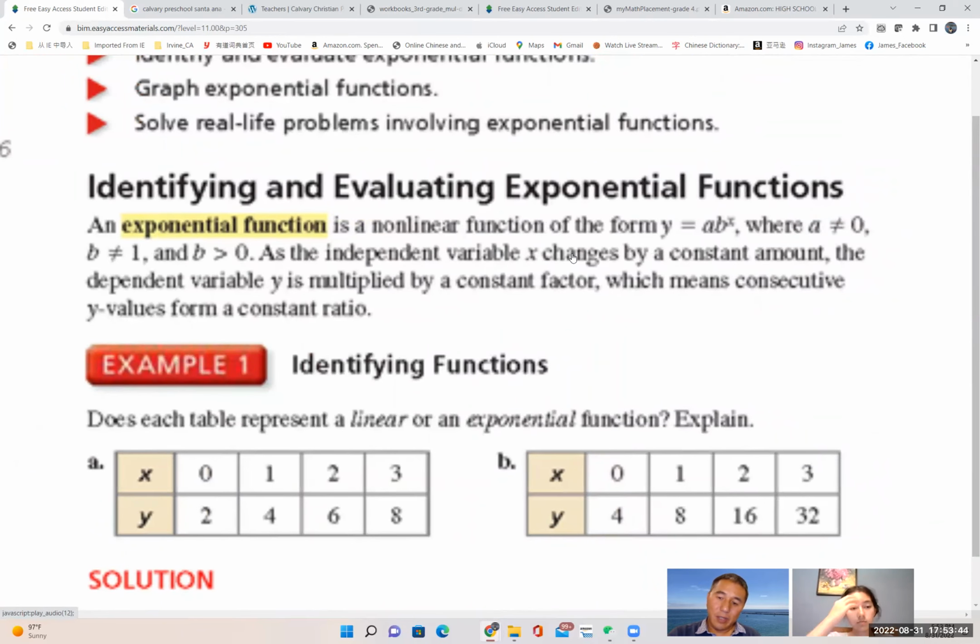As the independent variable x changes by a constant amount, the dependent variable y is multiplied by a constant factor, which means consecutive y values form a constant ratio, right? So if we talk about the independent variable, we should use this description: the x changes by a constant amount. So I think this is accurate.